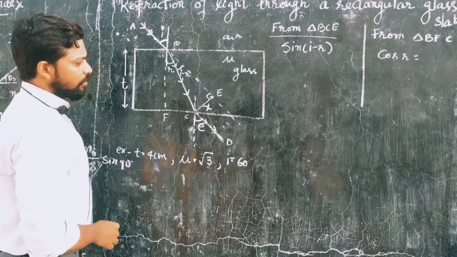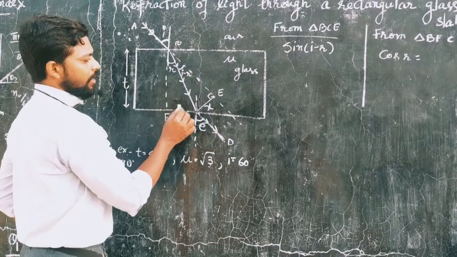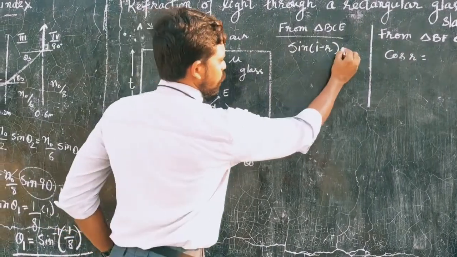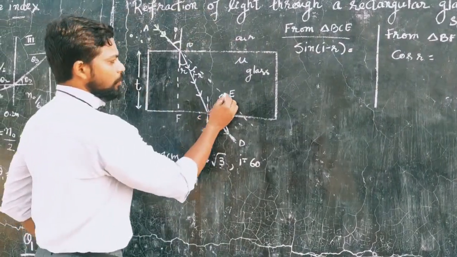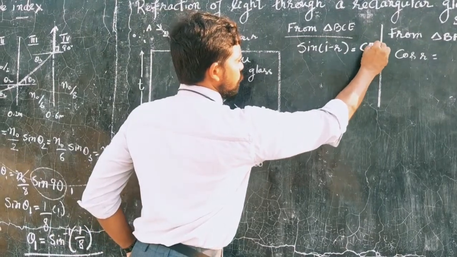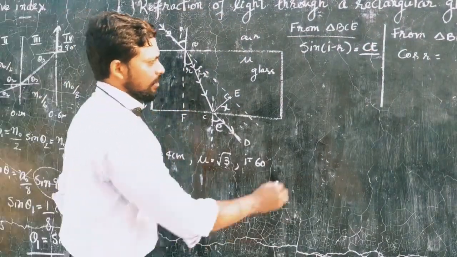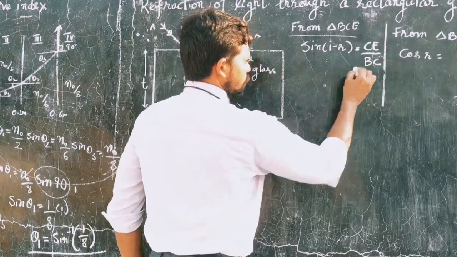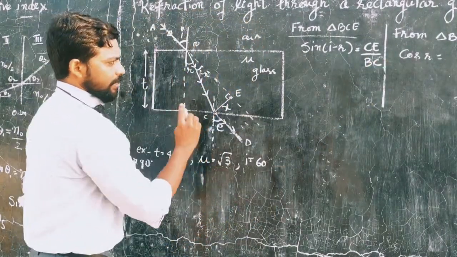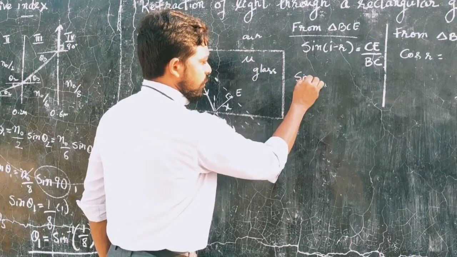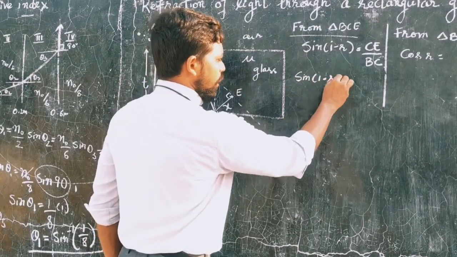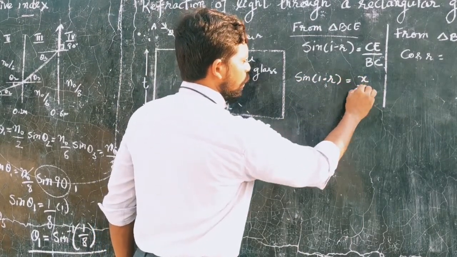So from this triangle I can write sine of I minus R is equal to opposite, which is CE, by hypotenuse, which is BC. CE is nothing but x, so sine of I minus R is equal to x by BC.